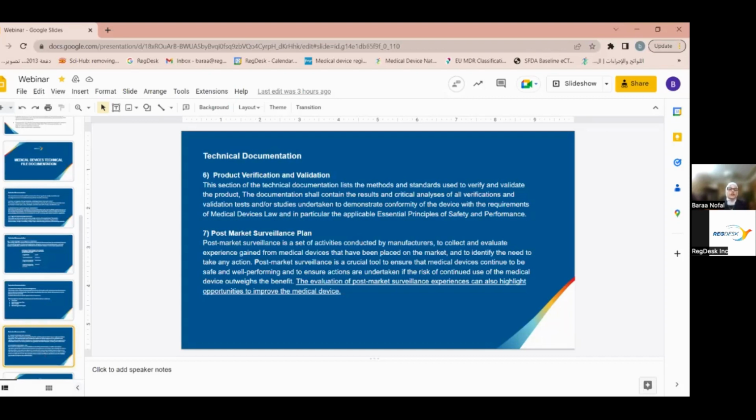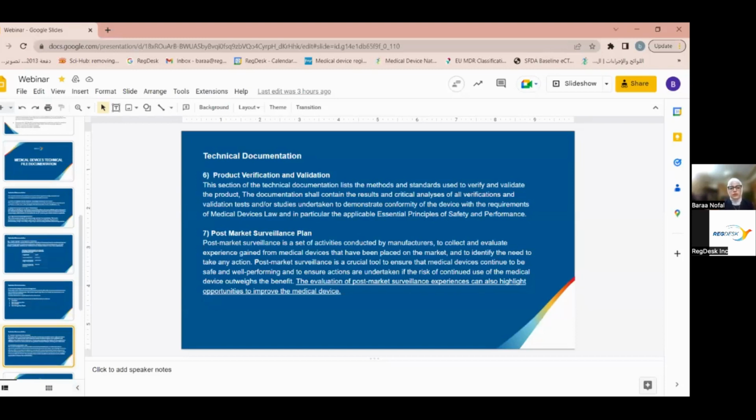So the section is very, very important. Maybe I don't have the time to describe the product verification and validation, but maybe next webinar we can do a webinar for this section only, because Saudi FDA is very interested, and they need an effort from the manufacturer to avoid any rejection of your file.